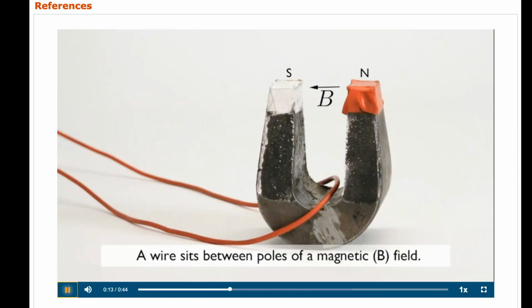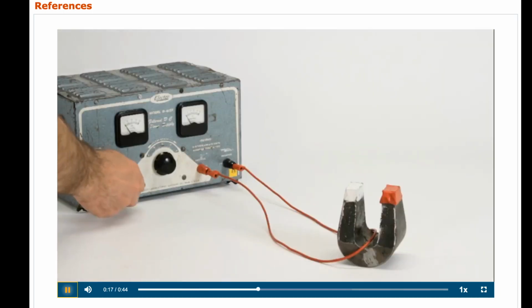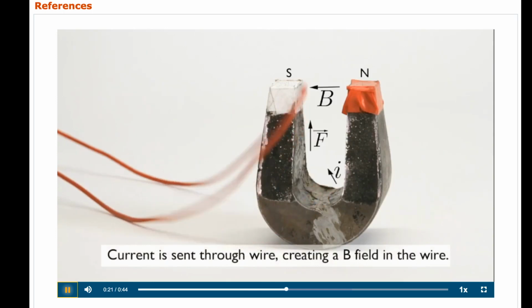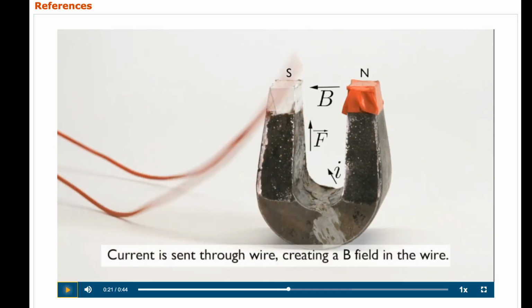And we're going to turn on current in that wire with that old-fashioned power supply. And the current is basically going away from us into the screen. So the L vector for that little region of the wire that's sitting between the poles is into the screen. I'm going to do the right-hand rule and do L cross B. I get an upward force.